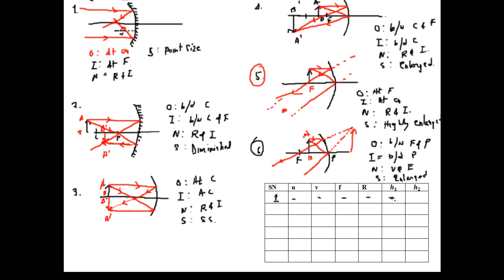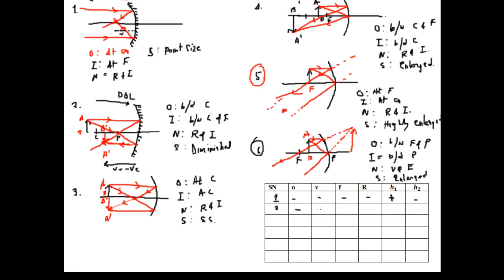Now let's come to the third diagram. For the third one, again same thing. U negative, V negative, F negative, R negative, H1 positive, H2 also negative. Fourth one, same thing. Here also U will be negative, V negative, focal length negative, radius of curvature negative, H1 positive, which is the object height, H2 is the image height, which is again negative.